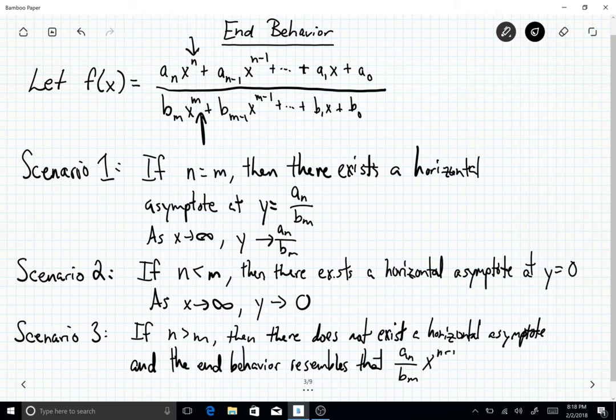n minus m. I could get a little more particular if you want to see things like slant asymptotes. That's when there's a difference in the degree by 1, so n and m differ by 1 and n is greater than m, meaning n equals m plus 1.